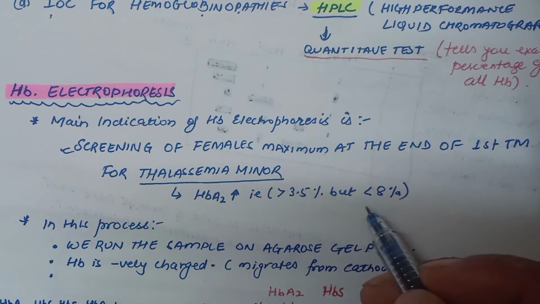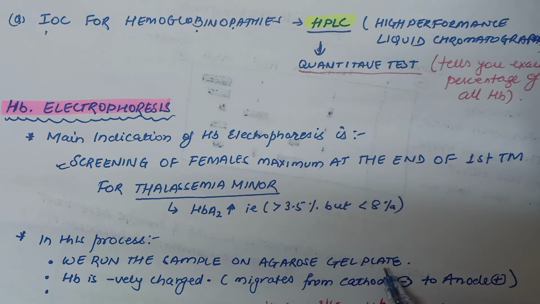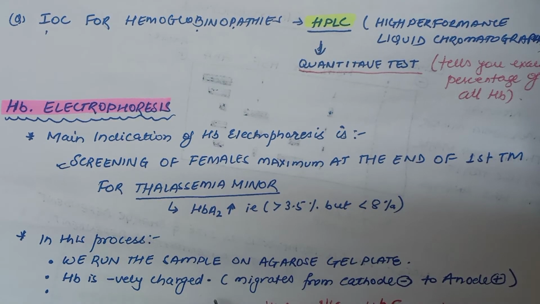In this process, we run the sample on an agarose gel plate. Hemoglobin is negatively charged and it will migrate from the cathode, which is negatively charged, to the anode, which is positively charged.